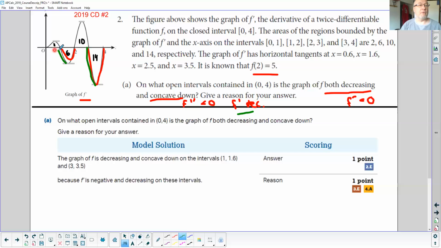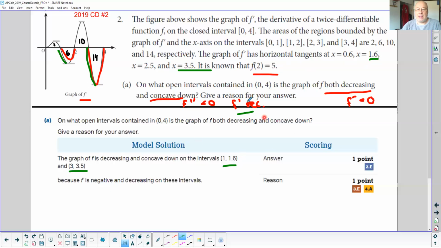So we're going to go from 1 to this horizontal tangent line, so 1 to 1.6, because that's that horizontal tangent line. And also this part fits both criteria. So that's going to be from 3 to this horizontal tangent line, so 3 to 3.5.